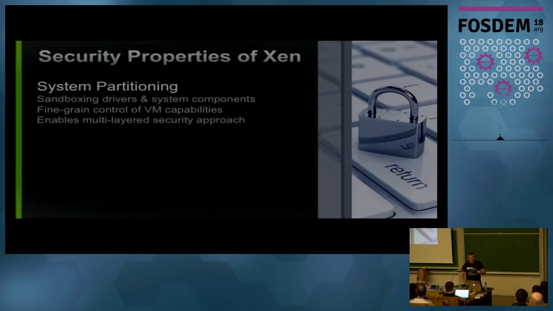You can disaggregate your system in Xen, so you can run device drivers in a specific VM. Network drivers are typically a main route of attack for a system, and you can do this for other drivers as well. You can put other system components into separate VMs, and then plumb it all up to make a distributed system.